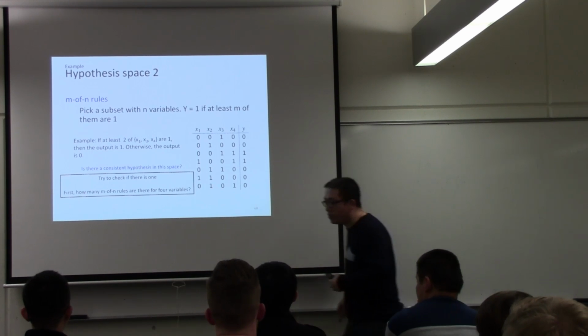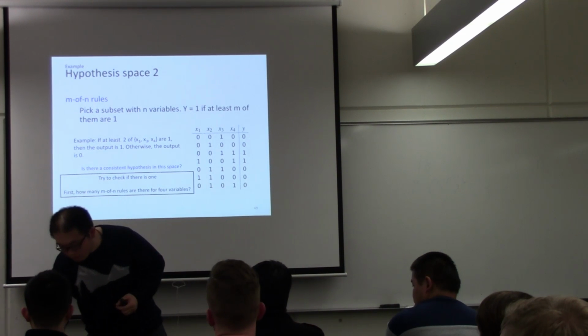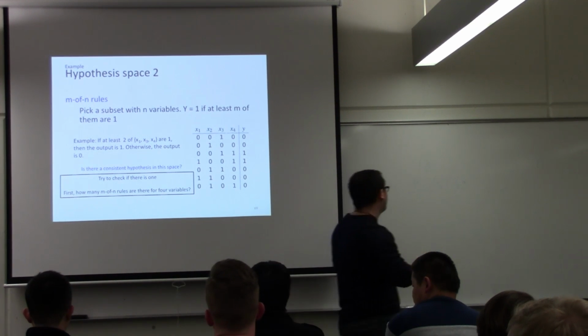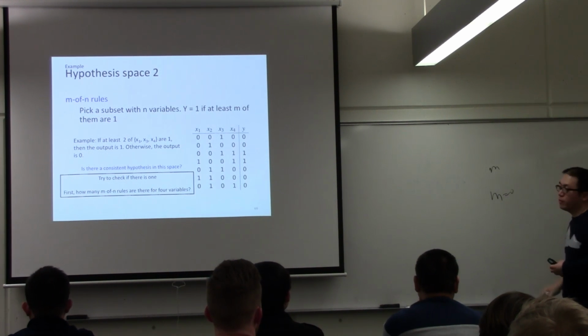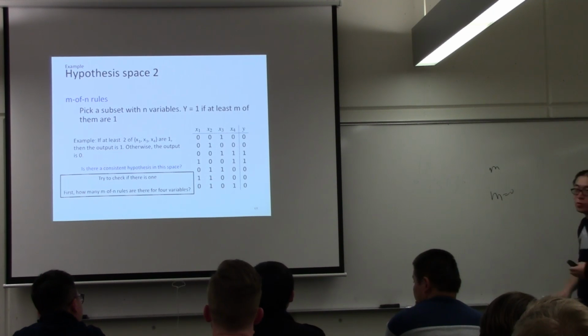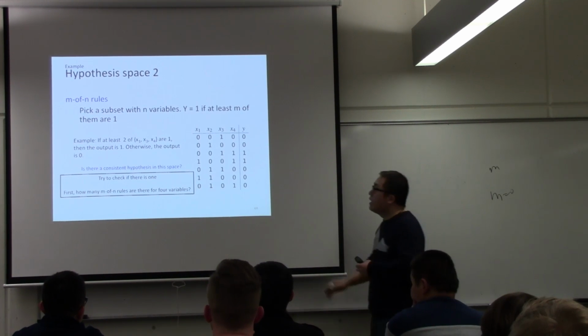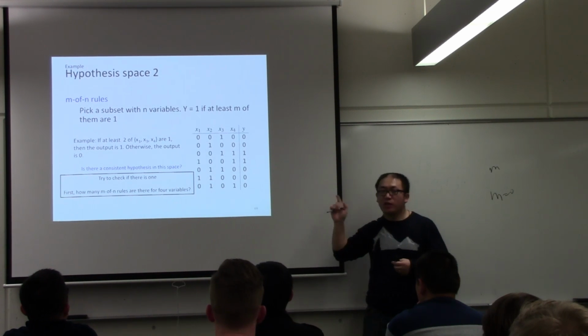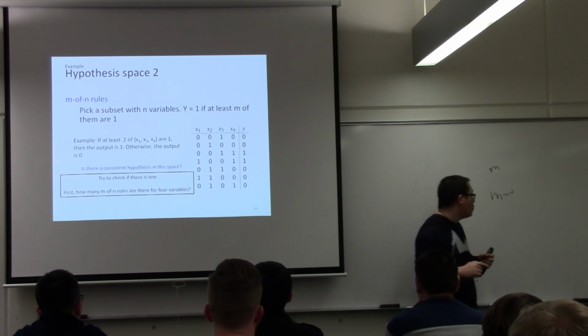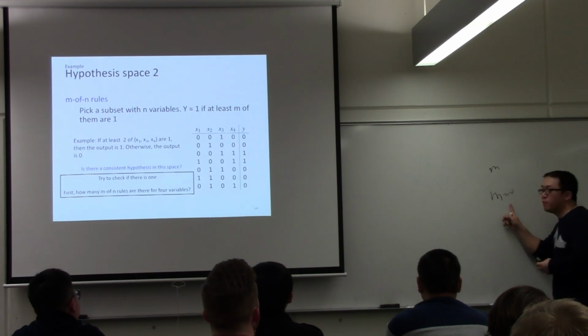Very good. When m equals 0, according to the definition of M of n rules, at least zero variables are 1, then the function value is 1.